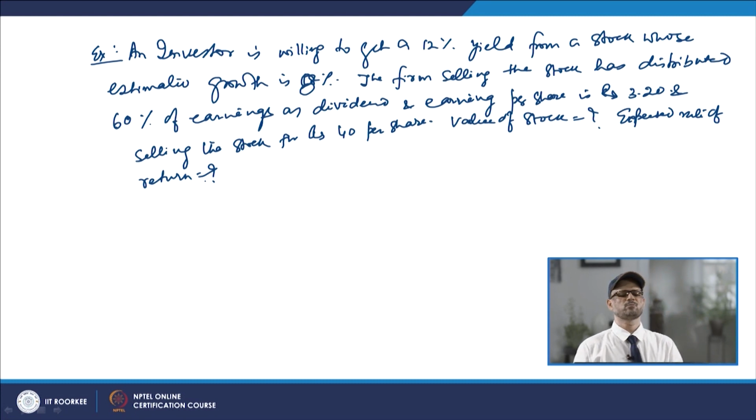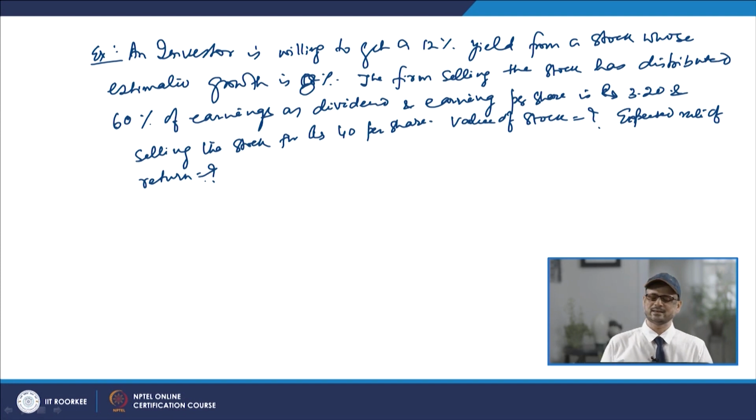So there may be situations like this, so how to handle that. Now in this case, you have dividend as 60% of the earning, and earning per share is rupees 3.20.